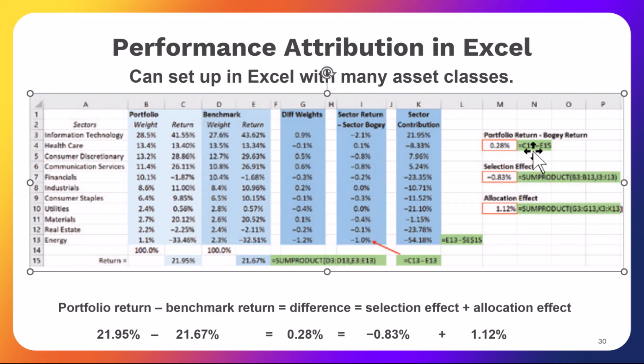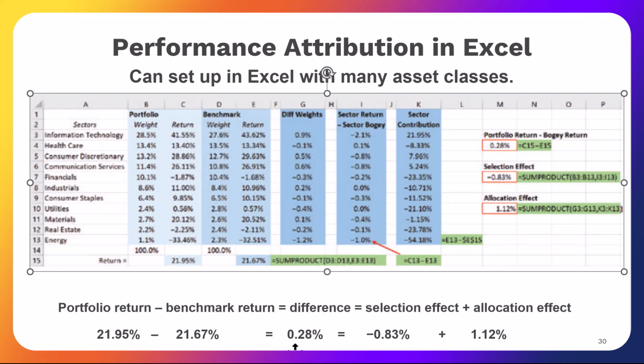So what is the actual return? 0.28%. So that 0.28, what can we attribute that positive return to? Negative 0.83 is selection effect, but the allocation effect is up 1.12. So again, what would we say?